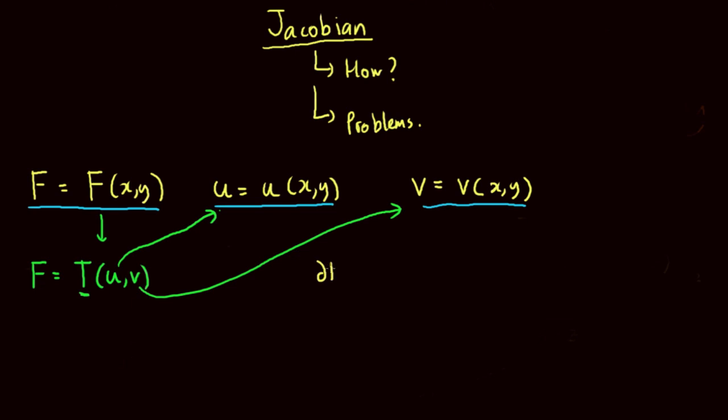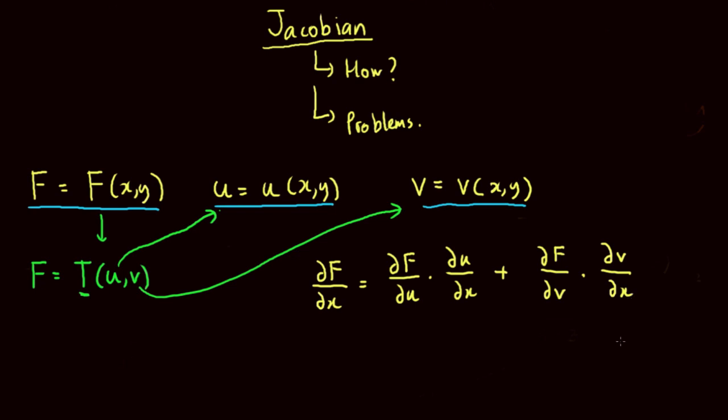For example, del f over del x: we have to use the chain rule, so it's del f over del u times del u over del x, plus del f over del v times del v over del x.